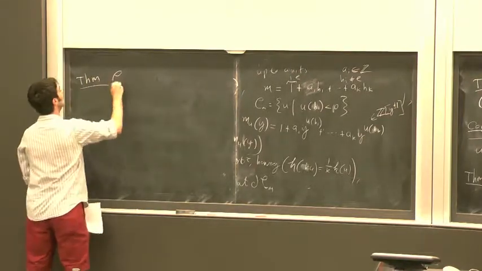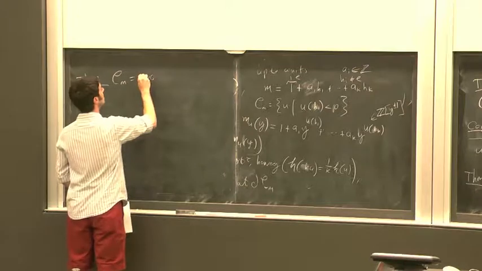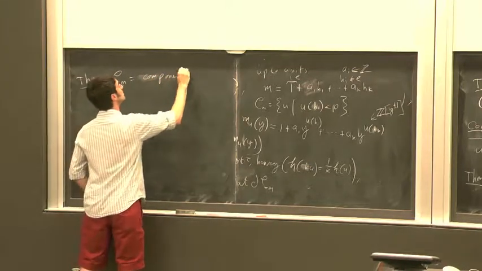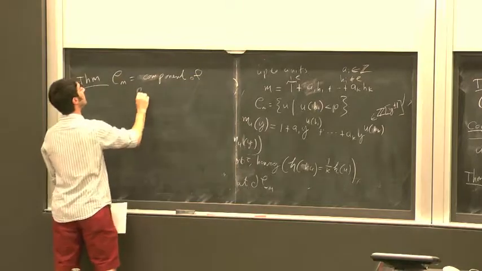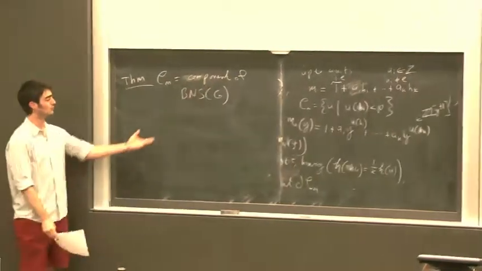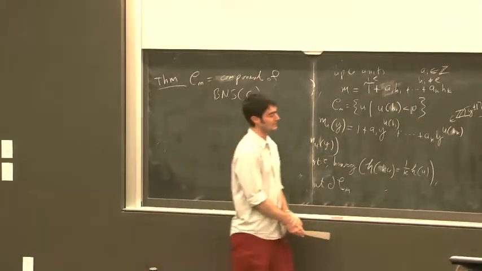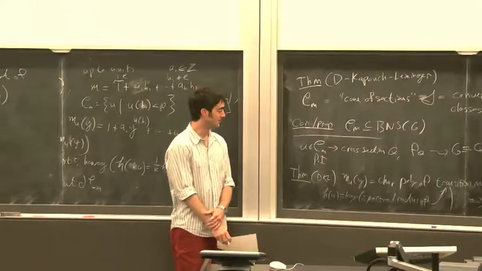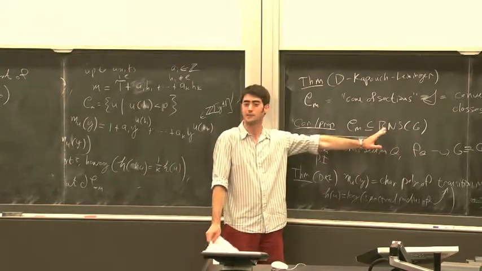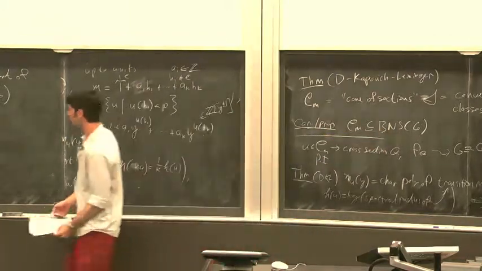So this thing is a connected component of the BNS-invariant. I think an interesting question is whether every component of the BNS-invariant looks like this. That, I think, is an interesting question, which I still don't know the answer to.